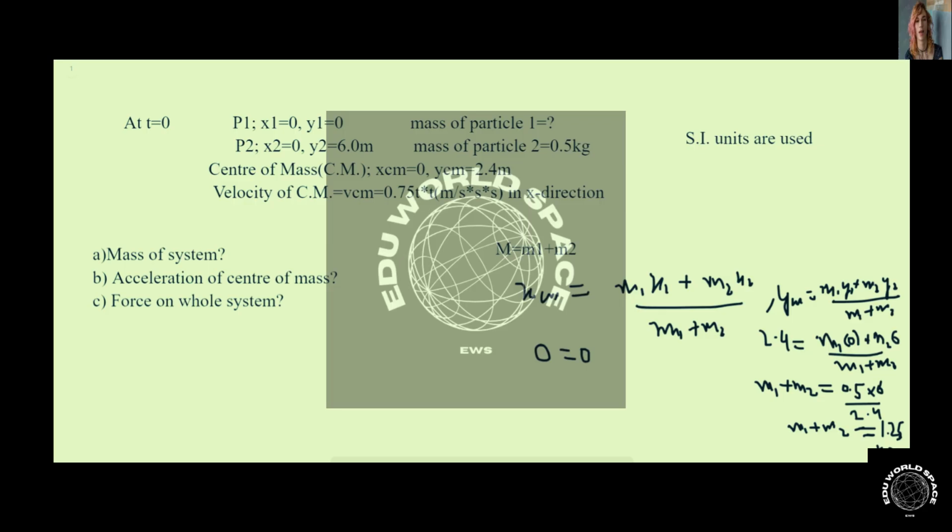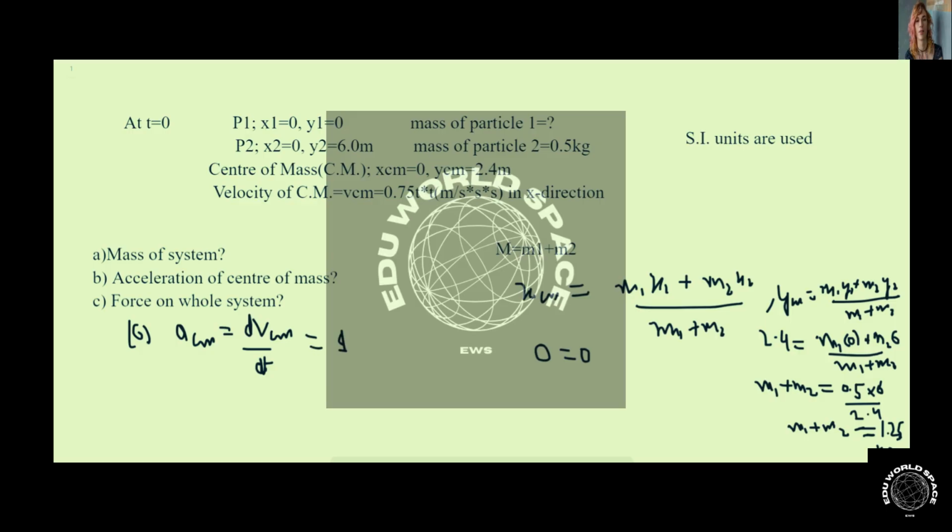Now we will find the acceleration of the center of mass. We know that ACM, the acceleration of the center of mass, equals dVcm over dt. So this is the derivative of the velocity of the center of mass, and we are given that this is 0.75 t square. So we can differentiate it.